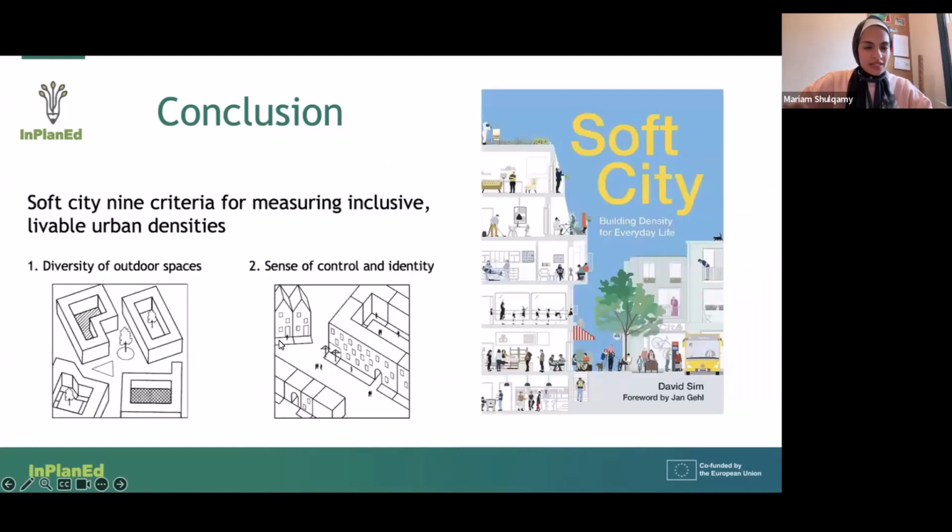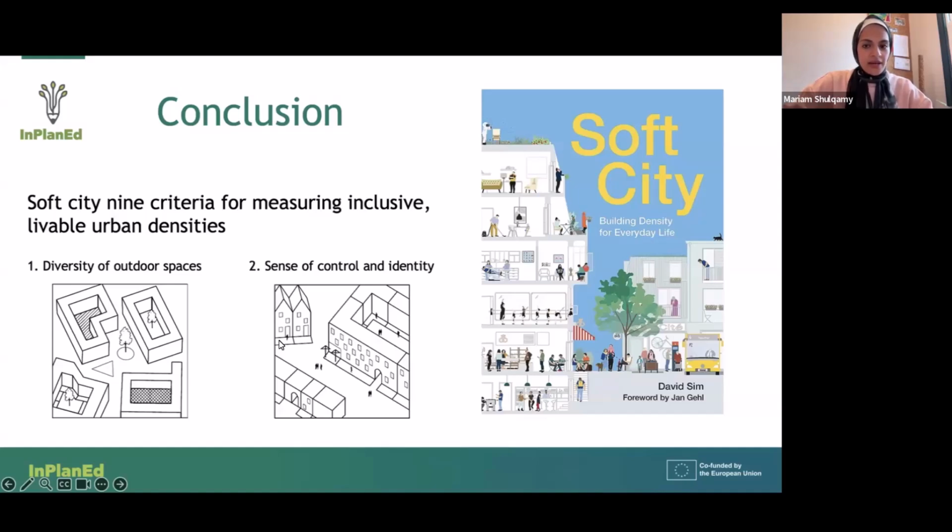As an example, the Soft City book outlines 9 criteria for creating inclusive and livable urban spaces. Two of the most important criteria include diversity of outdoor spaces, where public and private spaces coexist together, and the sense of control and identity that the residents have over their environments.